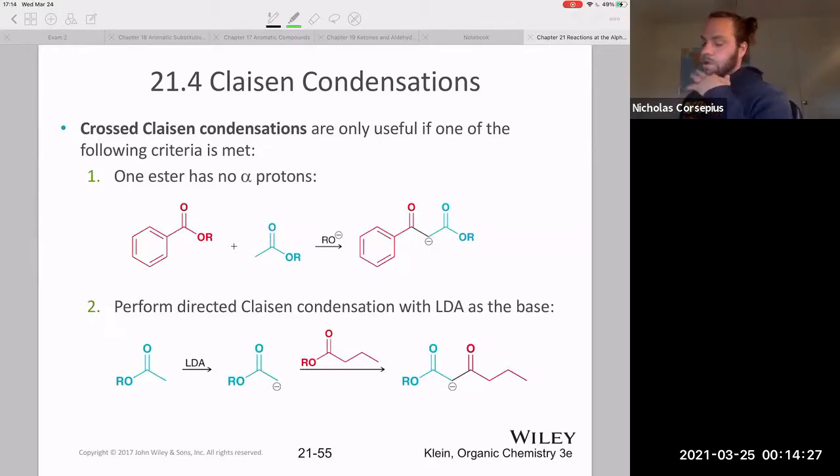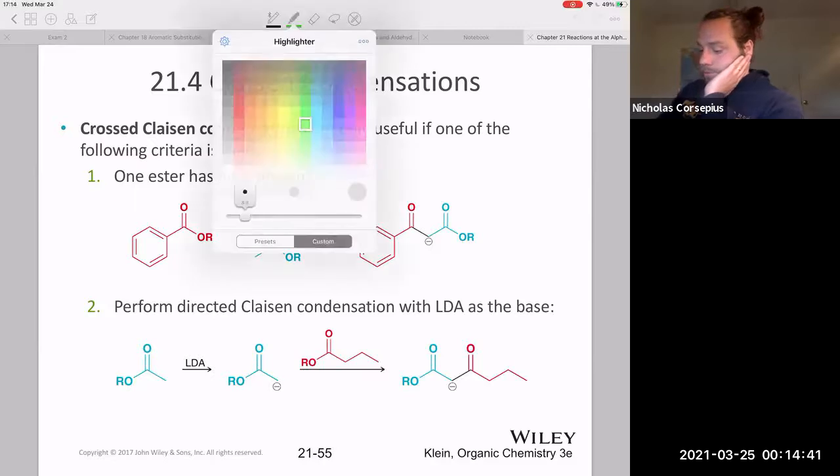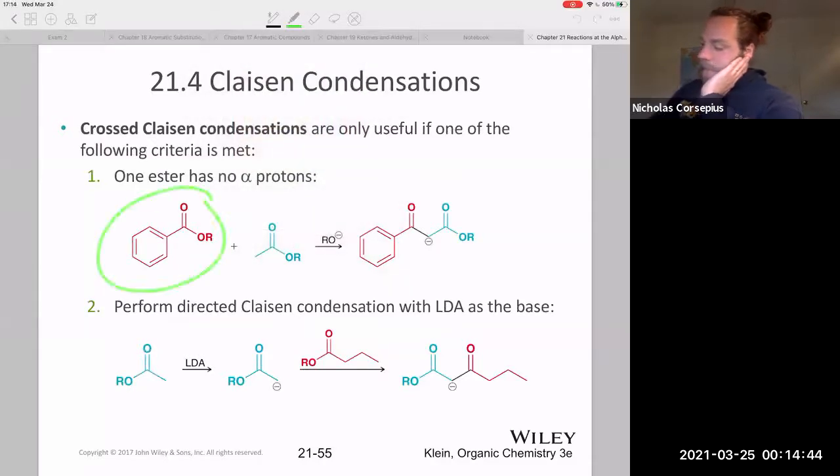If we want a crossed Claisen condensation, it's going to be the same considerations as we had before. One, you can get lucky, and as long as one of your reactants doesn't have any alpha hydrogens, you're good to go, right? So this compound here doesn't have any alpha hydrogens, so that means that this is definitely going to be the nucleophile attack, et cetera, et cetera.